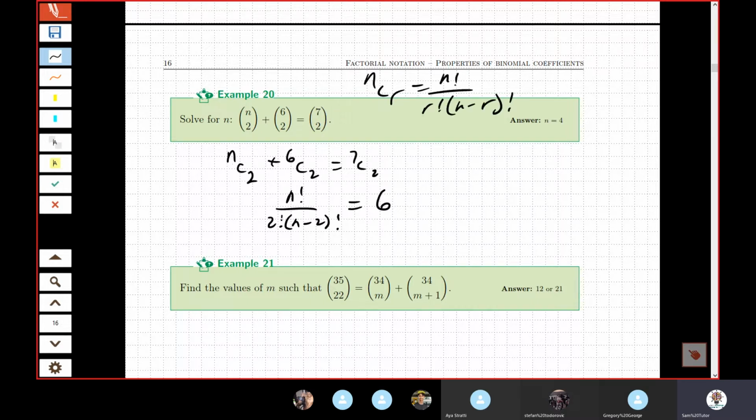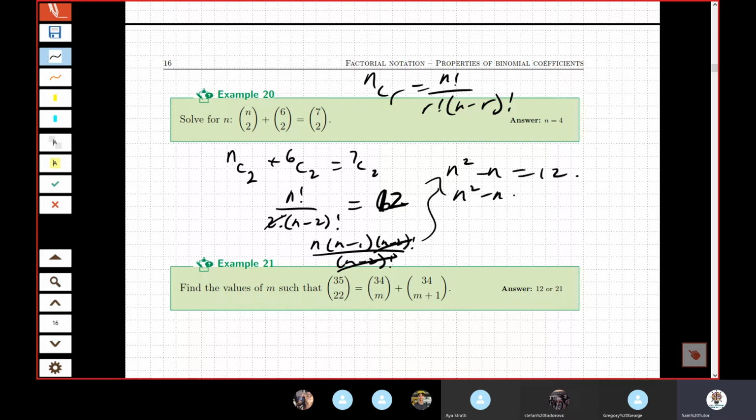Then 2 factorial, you would multiply here. This becomes 12 now. You can't have factorials, so let's start fixing it up. So n minus 1, n minus 2 factorial crosses out. You get n squared minus n equals 12. Bring it to the left side.